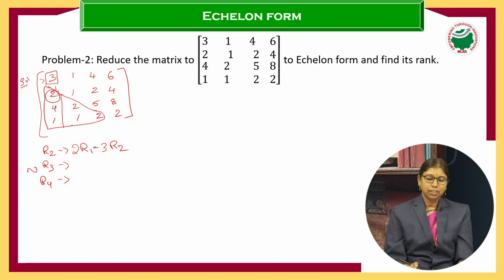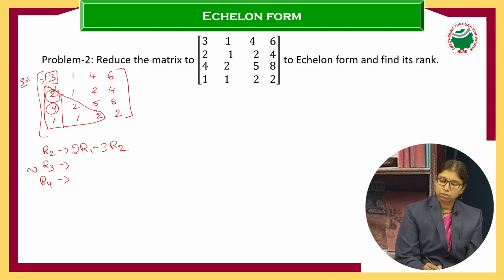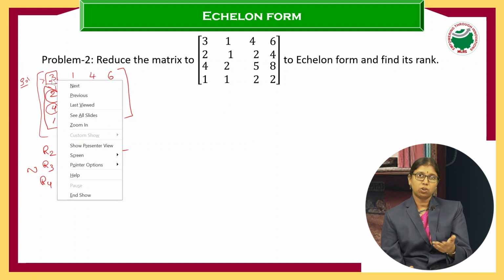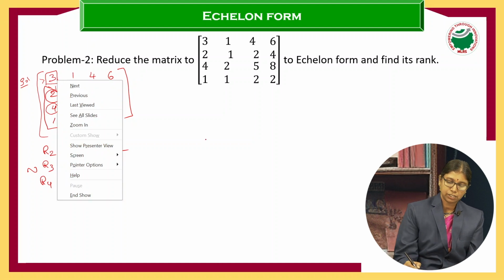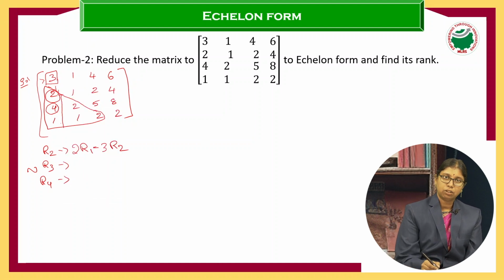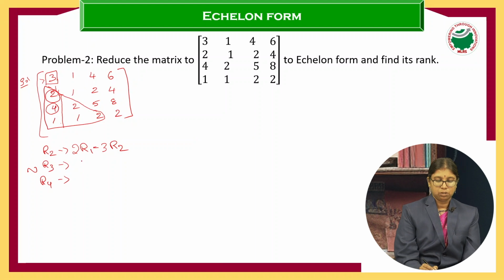Now for R3, we have to convert 4 to 0 and the corresponding value in R1 is 3. Again, there is no common multiple. So, do the cross multiplication. Multiply the third row with 3 and first row with 4. So, 4R1 and 3R3.